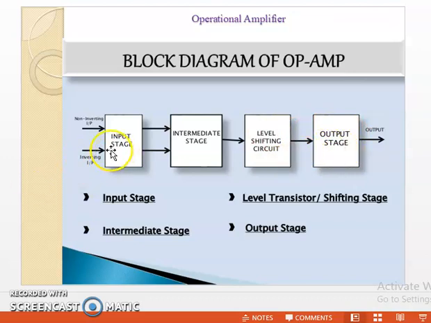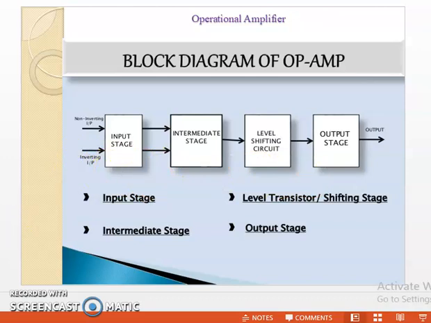First is the input stage, second is the intermediate stage, third is the level shifting circuit, and last is the output stage. Here the output is shown, and inputs are shown: input 1, input 2, one non-inverting, one inverting. Input stage, intermediate stage, level shifting stage, and output stage. This is the block diagram of operational amplifier.